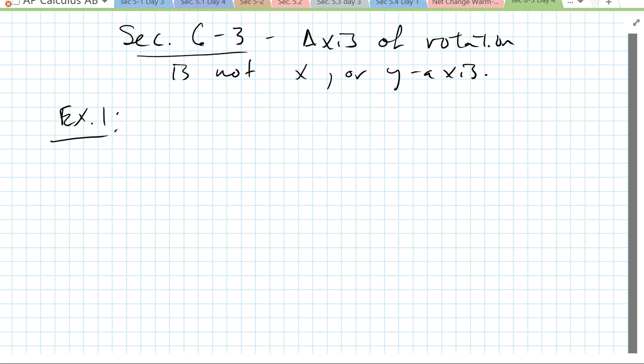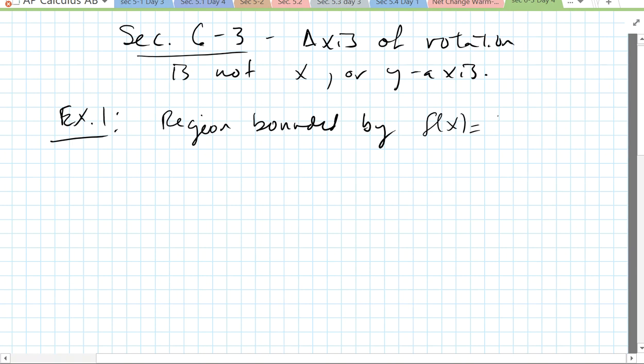Okay, example 1. This is going to be the region bounded by f of x equal to 4 minus x squared. What shape is that? What kind of curve is it? Parabola. Opens up or down? Down, and shifted up 4, right?